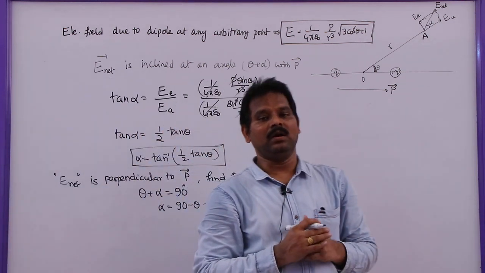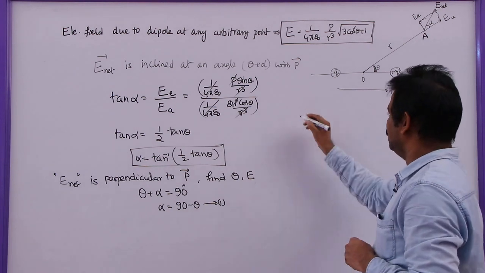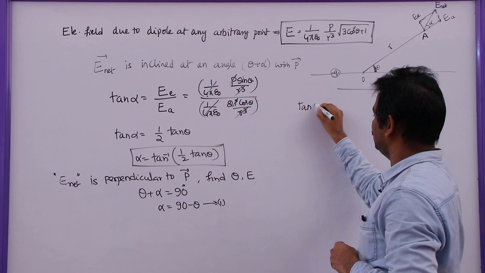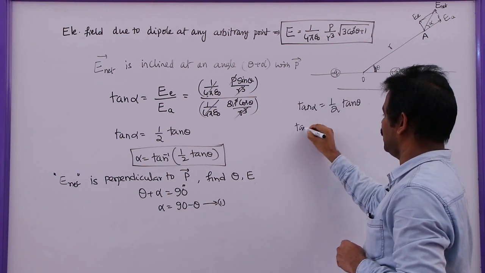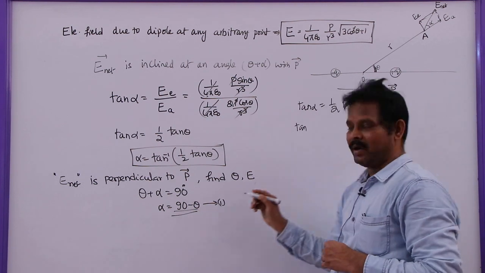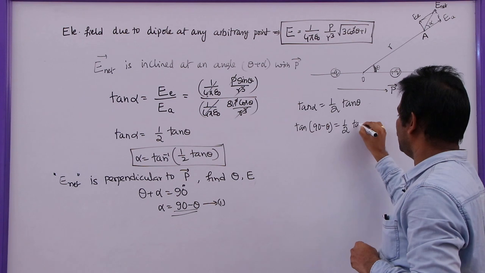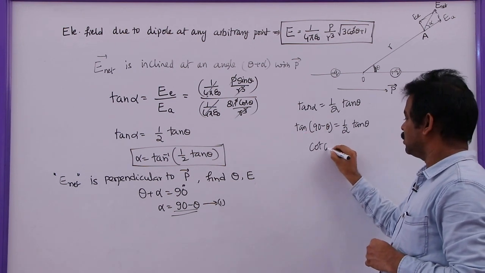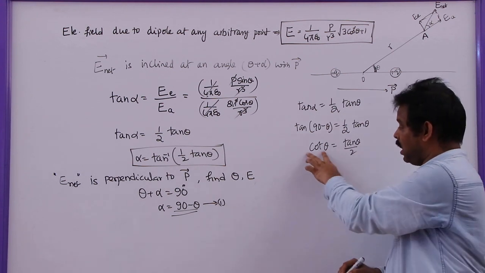Now we know the relation between the electric field direction and the dipole moment. Here what we can write: tan alpha is equal to half of tan theta. Here alpha is 90 minus theta. This will become tan of 90 minus theta is equal to half of tan theta. Tan of 90 minus theta is cot theta, which can be given by tan theta by 2.